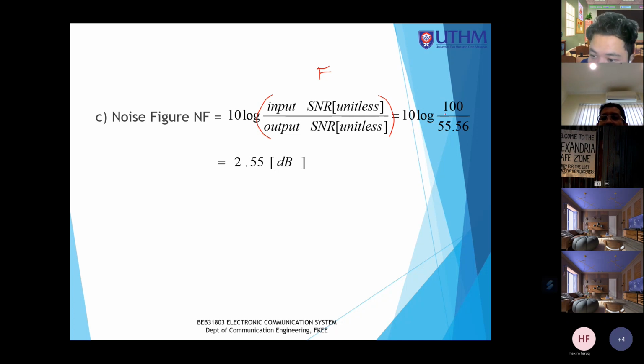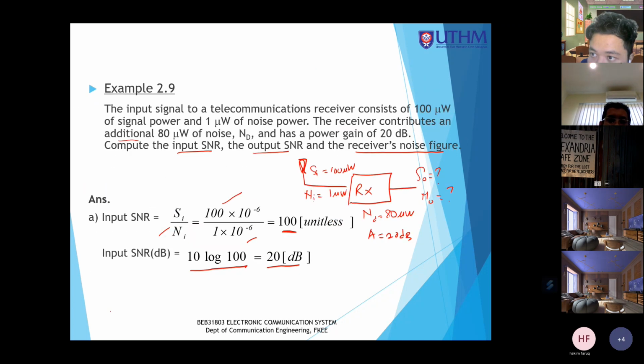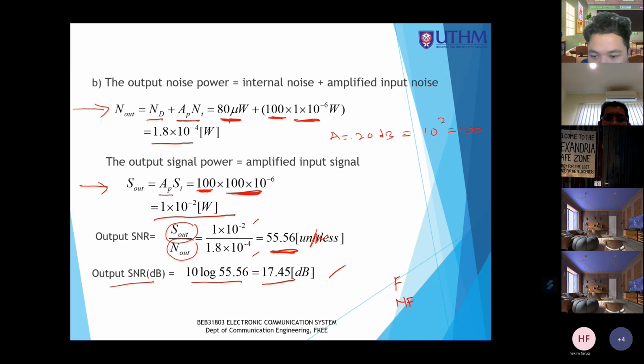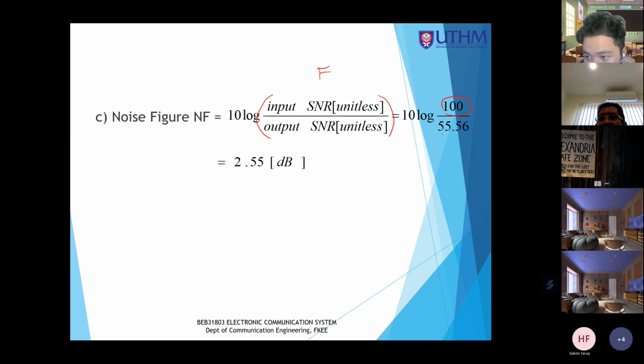So 10 log 100, okay, 100 is from here, divided with output SNR, this one, 55.56. So 10 log of this noise factor, so we get 2.55 dB. Okay, 2.55 dB.